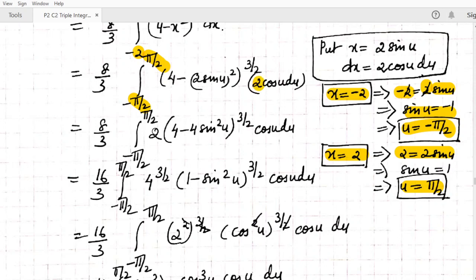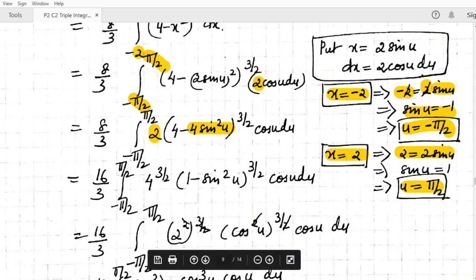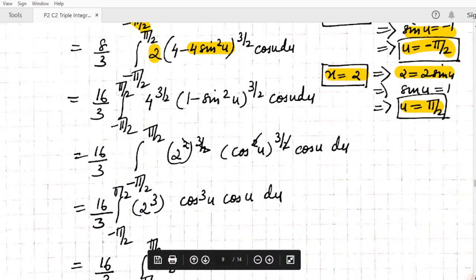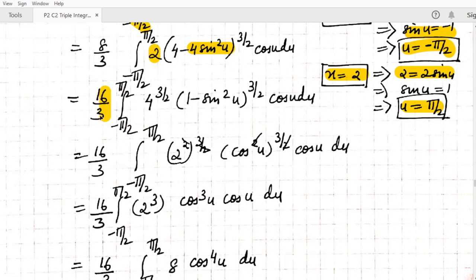We take this 2 in the front. So 2 into (4 minus 4 sine square u) to the power 3 by 2 cos u du. Now we are multiplying 2 with 8. 2 into 8 is 16 by 3.